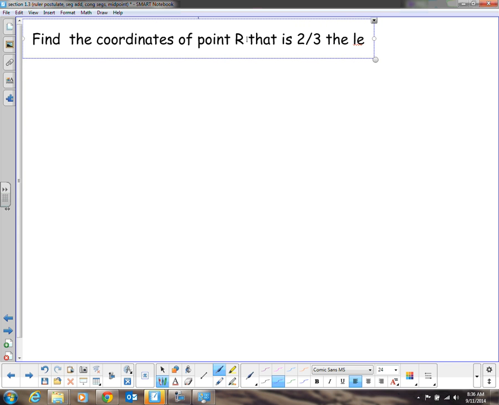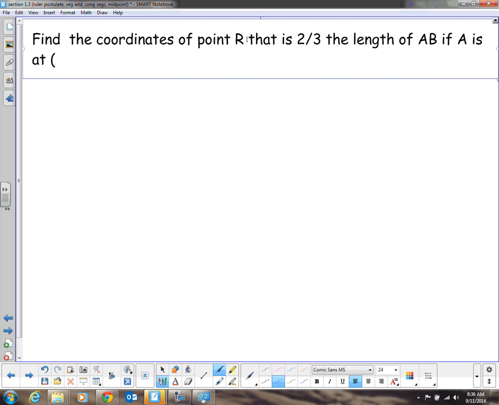Find the coordinates of point R that is 2/3 the length of AB if A is at (2, 3) and B is at (-4, 12).